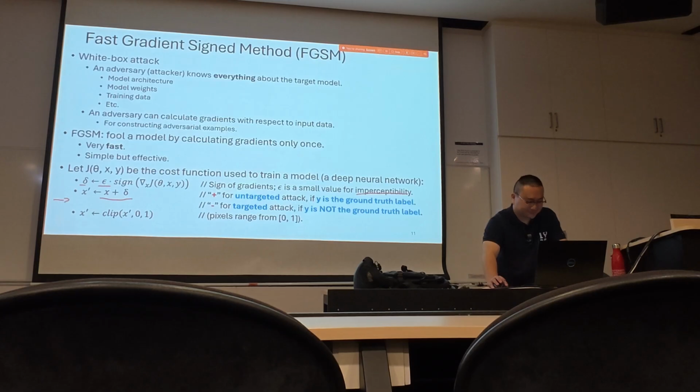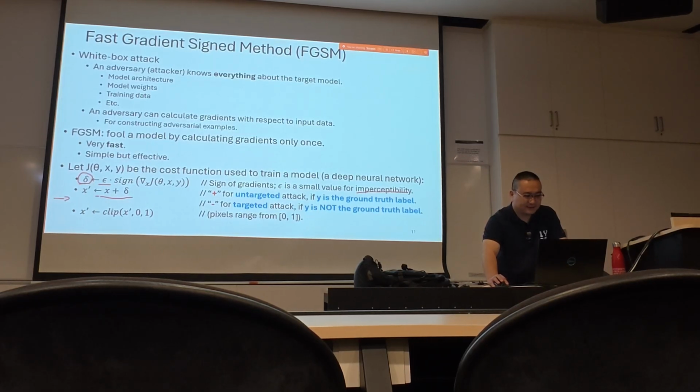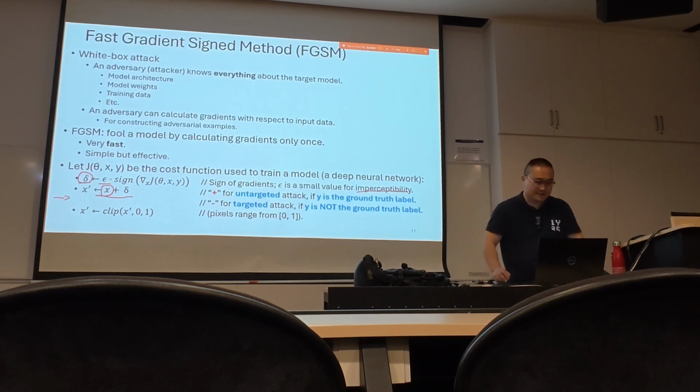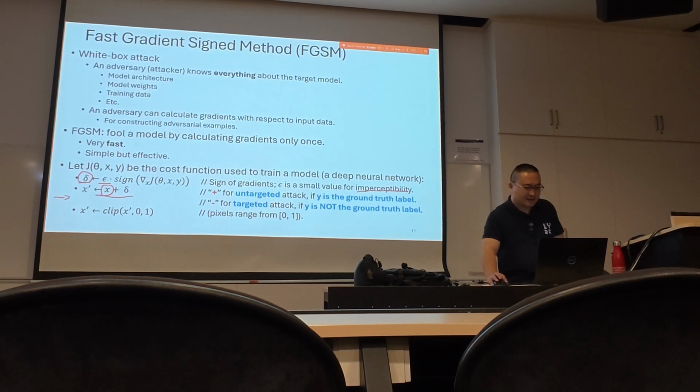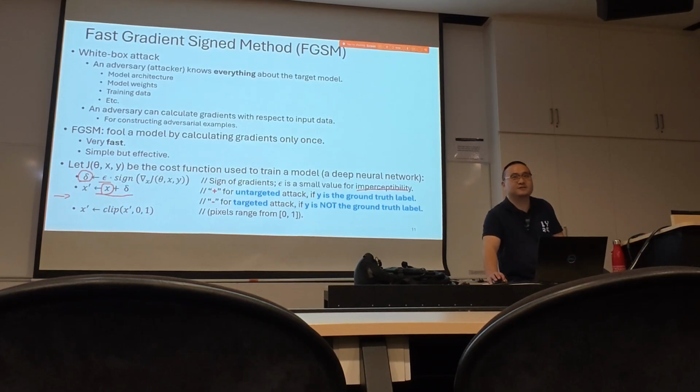Remember that this noise actually represents the direction of the gradient. If we modify the data along the direction of the gradient, remember that we talked about that 1 hour ago, if we modify the model parameters. Here we do not modify the model parameters, we are modifying the input, but the effect is the same.